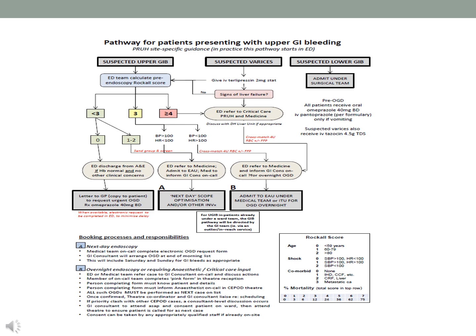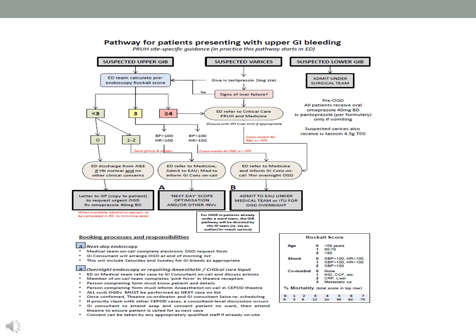For all other upper GI bleeds, please calculate the pre-endoscopy Rockall score. This is found on the bottom right-hand side of the GI bleed protocol. The Rockall score looks at 3 different categories and then makes a percentage mortality related to the score.